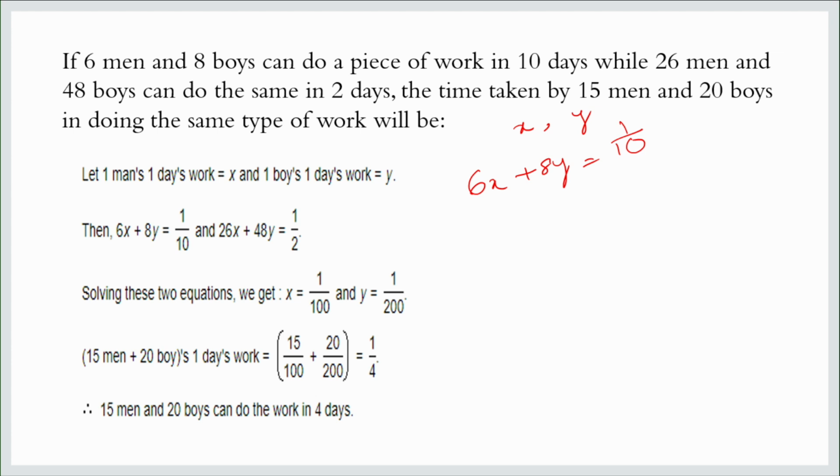Similarly, 26 men means 26x and 48 boys 48y can do it in 2 days, that is 1 by 2. We have one more equation, correct. 6x plus 8y equal to 1 by 10, 26x plus 48y is equal to 1 by 2.